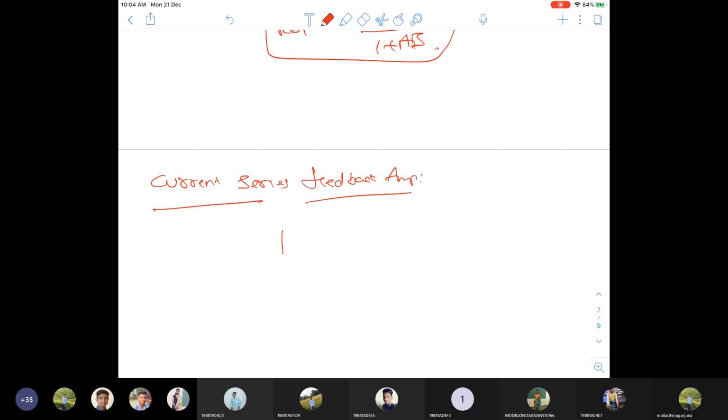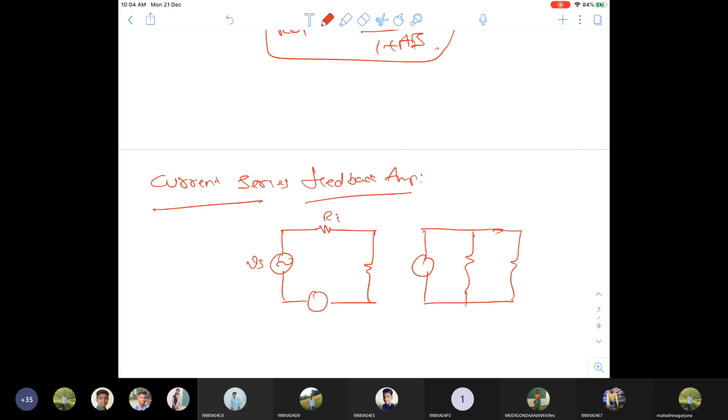Transconductance means input is voltage, output is current. So this is the basic amplifier circuit, and it is series now, so it will be series. Vs, Rs, Rl. So A into Va, R naught, Rl.